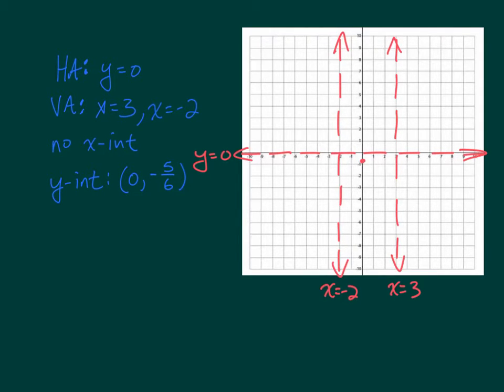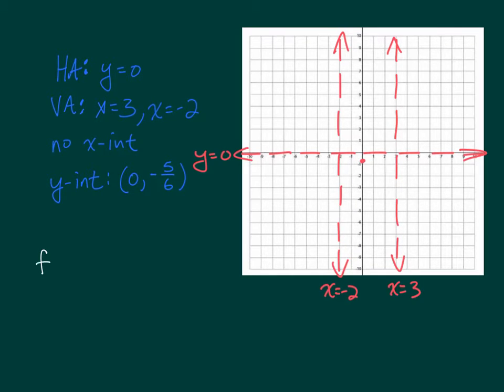What we're trying to figure out is, when we look at the left side of this vertical asymptote, will the graph be above the horizontal asymptote or below the horizontal asymptote? In order for us to figure this out, we need to pick an x value that is to the left of the vertical asymptote. So let's pick negative 5 and evaluate our original function at the x value negative 5.